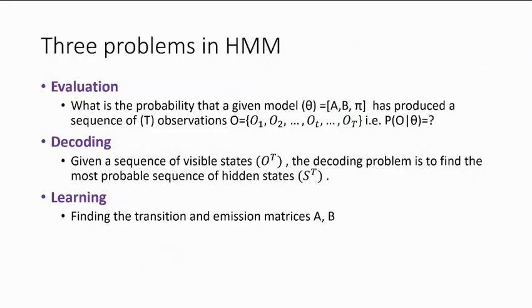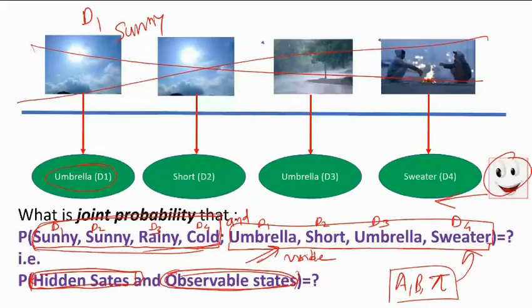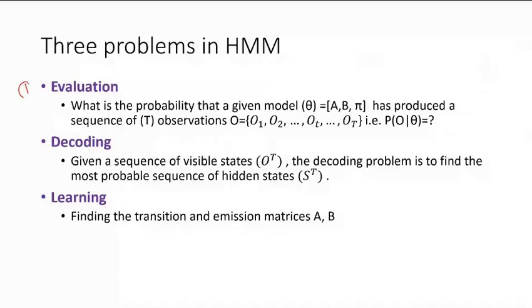Now that was the simple introduction. There are three problems that an HMM can handle. The first is called the evaluation problem. The second is called the decoding problem. And the third, the most important, is the learning problem.